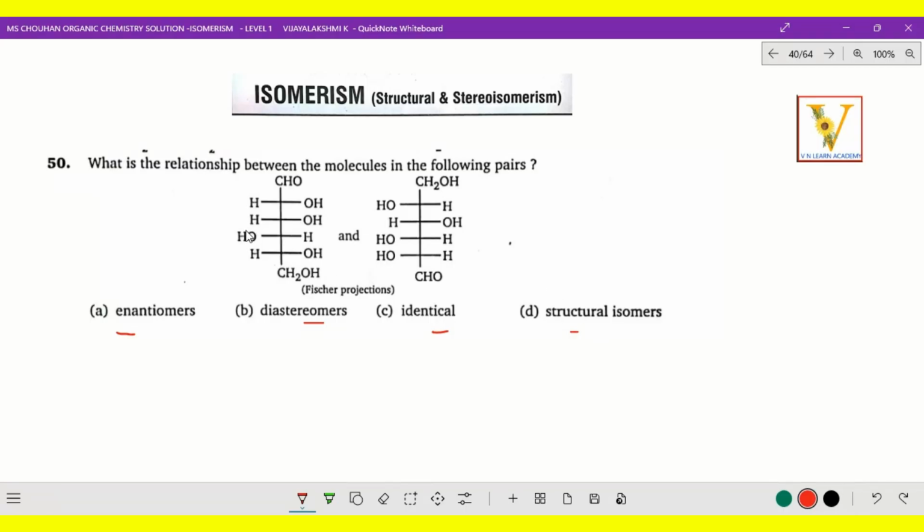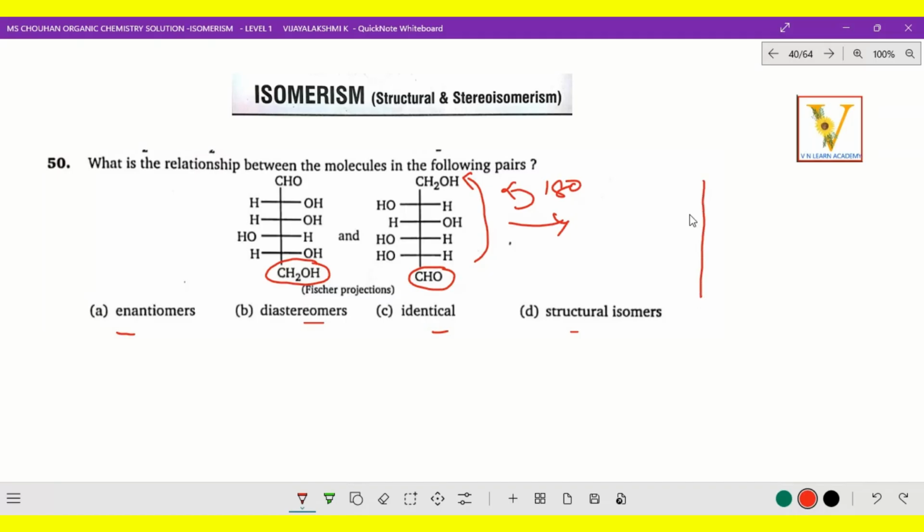Now to check the relationship of these pairs, we need a rotation. Here CH2OH, here CHO, we are not finding the difference, we have to find the relationship between these pairs. So for that a 180-degree rotation takes place. That means here CH2OH goes upwards, here CH2OH comes downwards, right?